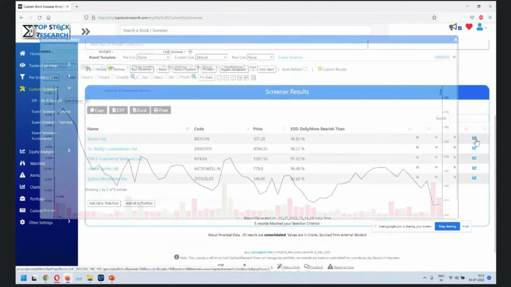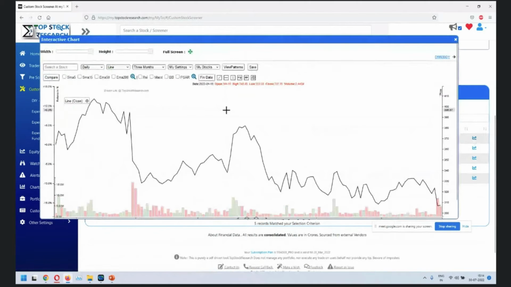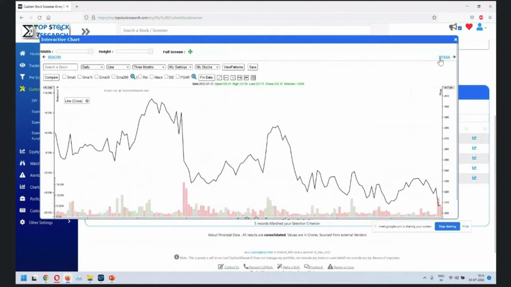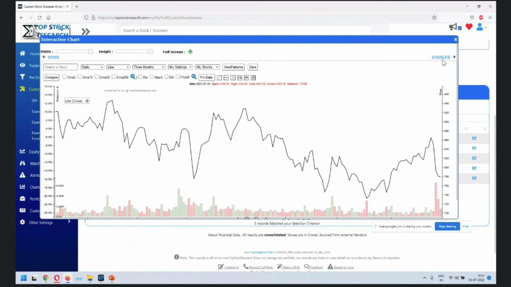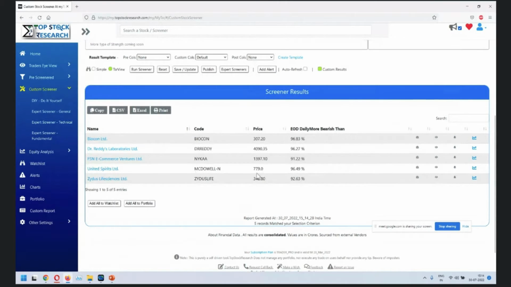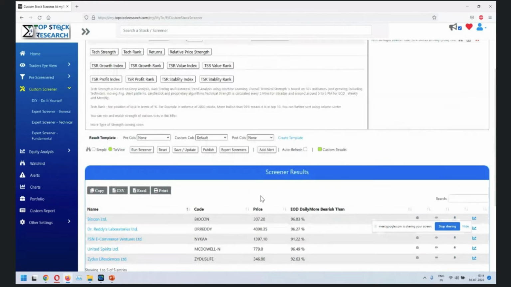Looking at the stocks, you'll see that the movement is continuously down, falling pretty badly. That's how you'll filter some of the stocks which are bearish. You'll not find too many bearish stocks because the market is generally up.